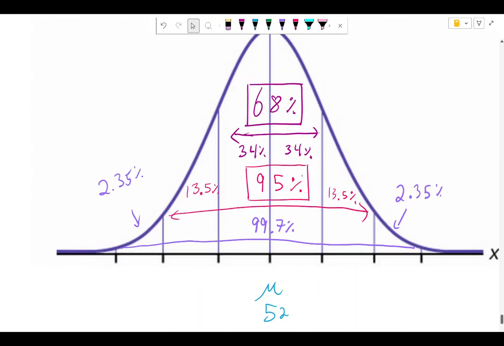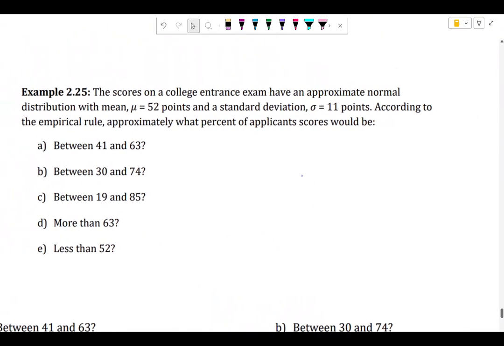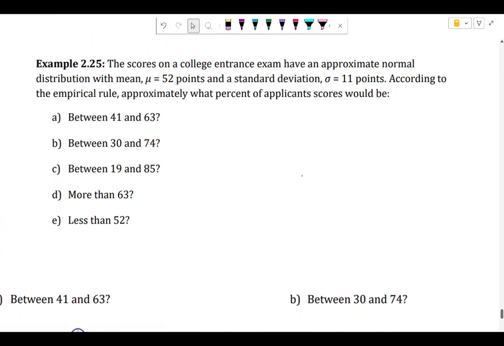Here's another example. It says the scores on a college entrance exam have an approximate normal distribution. Here are our keywords. Once we know that it is approximately normal, we know that we can apply the empirical rule.